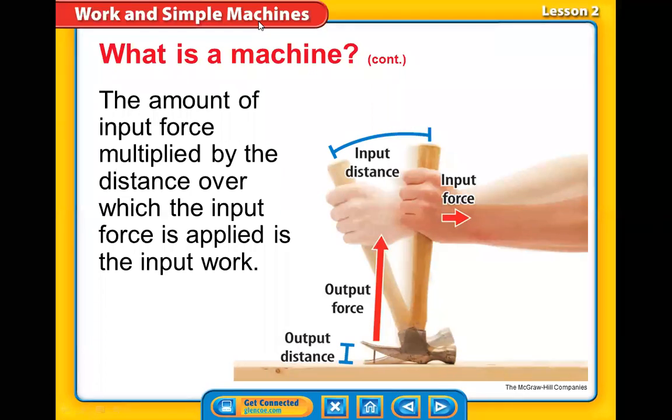Let's write this equation here on the right side. So the input work done equals the input force multiplied by the input distance.